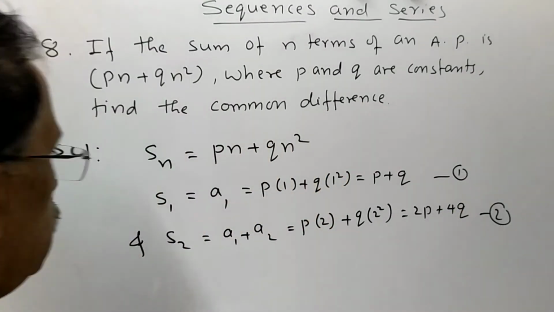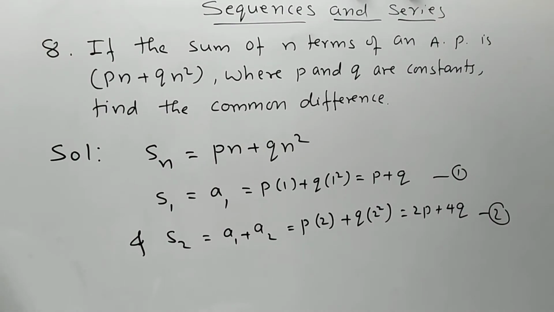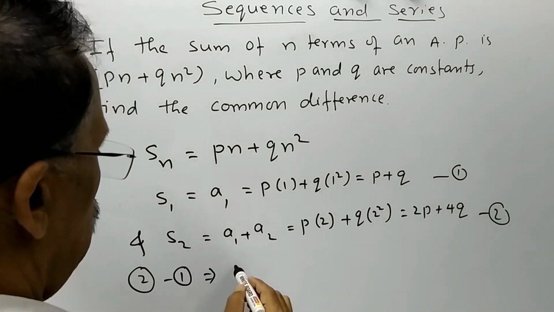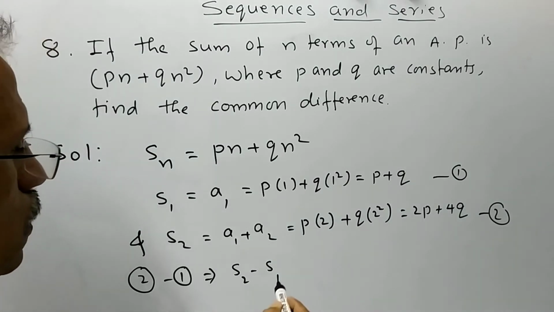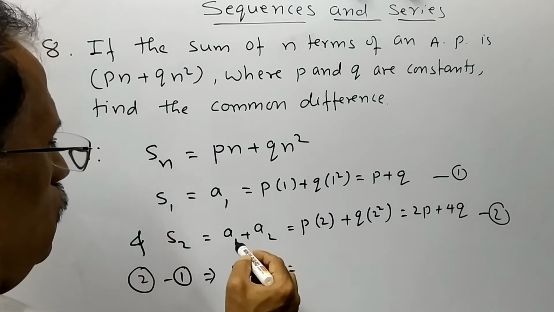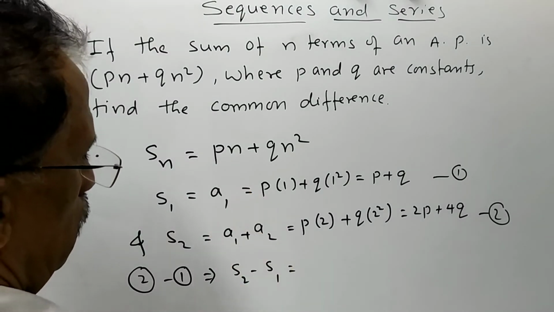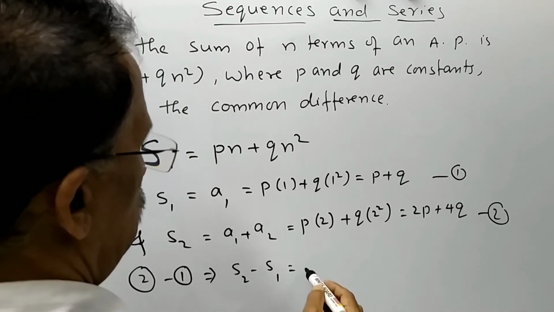For second, S2, say number 2. 2 minus 1 implies S2 minus S1 is equal to a2 minus a1, that cancels.